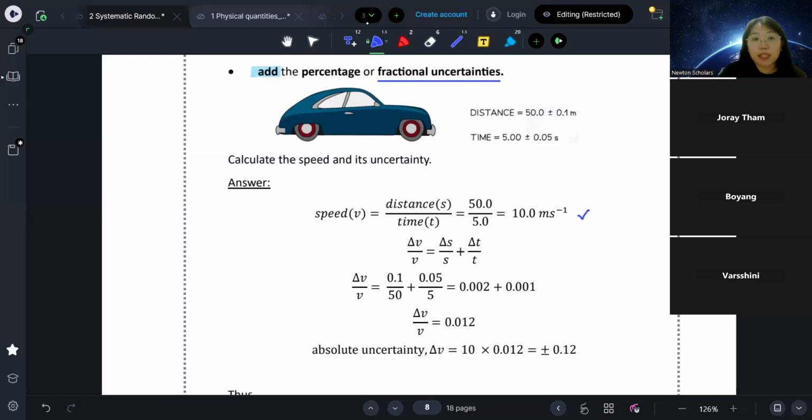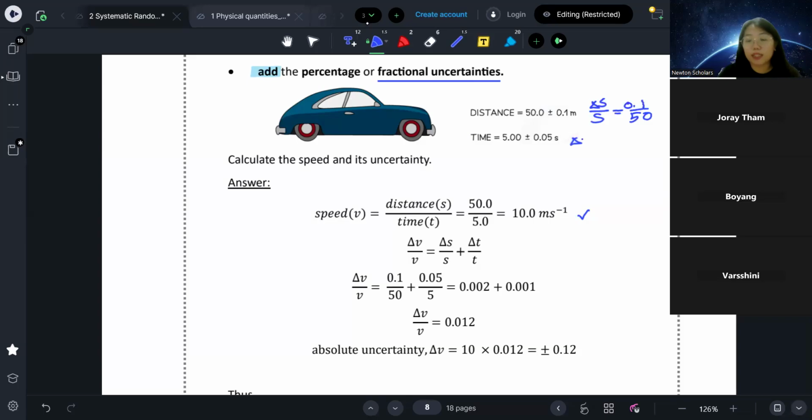Just like I mentioned, we need to add the fraction. For this distance, the fraction is like this: S divided by actual S. This is called fraction. So this one equals 0.1 divided by 50. Is it okay? Time also the same.